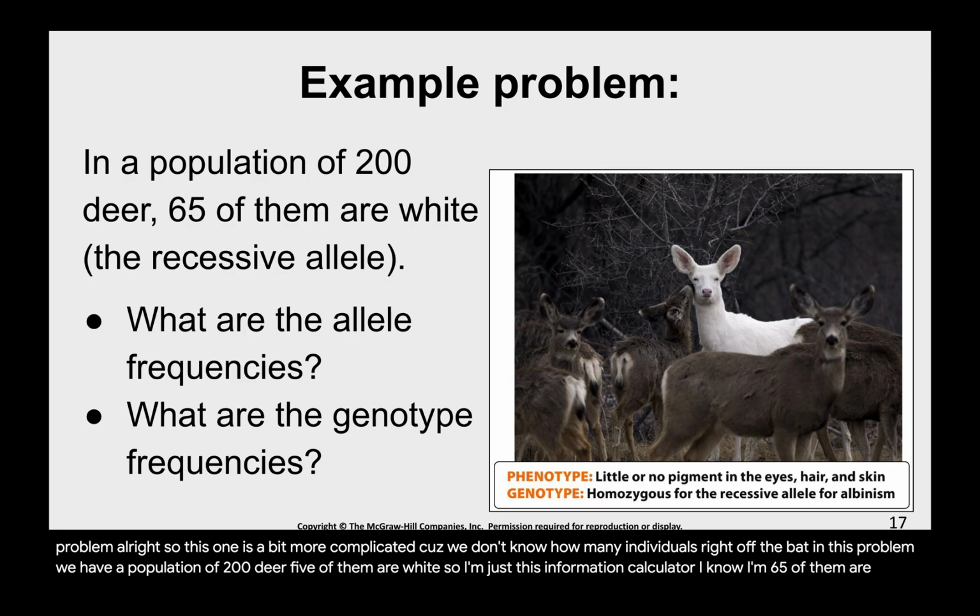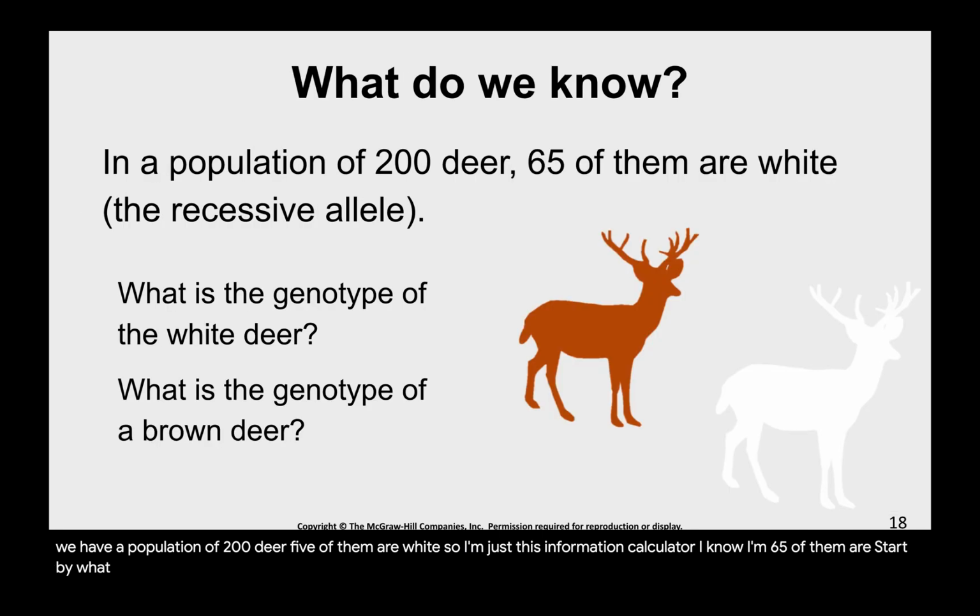So let's start by what we know. So we know 65 of them are white. And white is the recessive allele in this population. So what is the genotype of the white deer going to be? Little a, little a, yes.